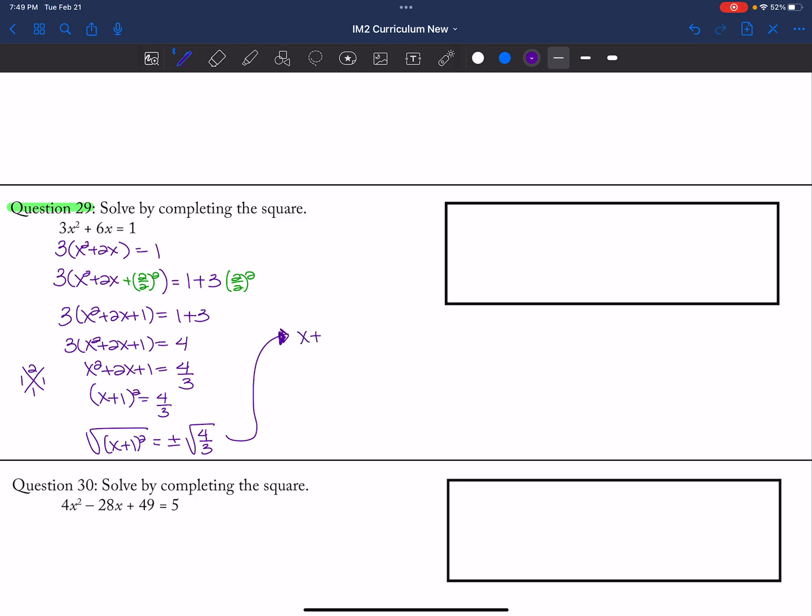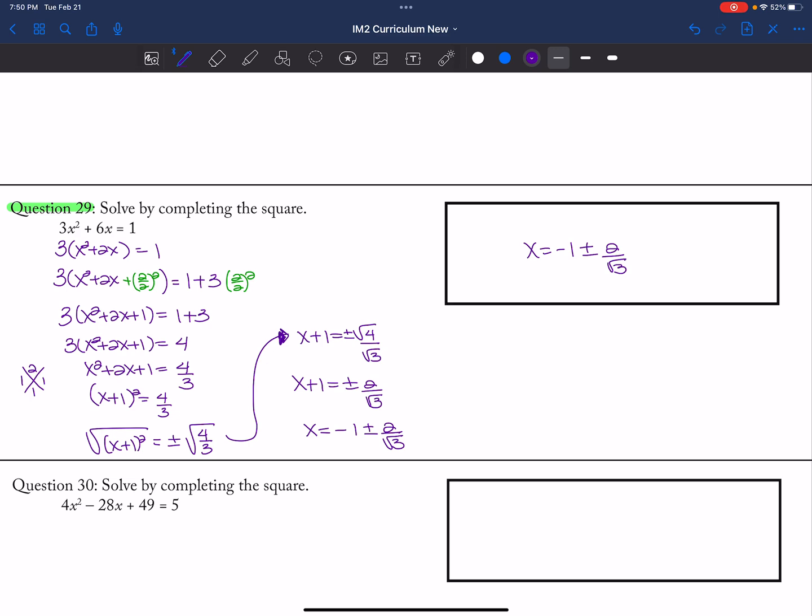So x plus 1 is equal to plus or minus the square root of 4 over the square root of 3. So x plus 1 is equal to plus or minus 2 over root 3. So then I just have to subtract 1 from both sides. And I get x is equal to negative 1 plus or minus 2 over the square root of 3.